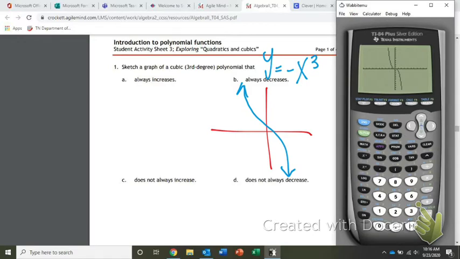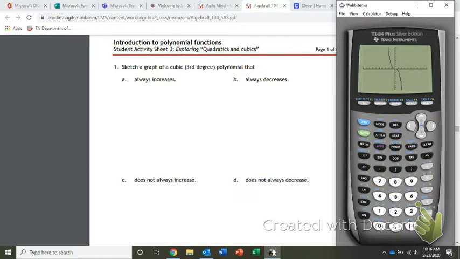Now, C says it does not always increase. So if it is not always increasing, then it can also be decreasing. So I've just made up a random cubic function. It starts with x cubed minus 2x squared minus 3x minus 3.